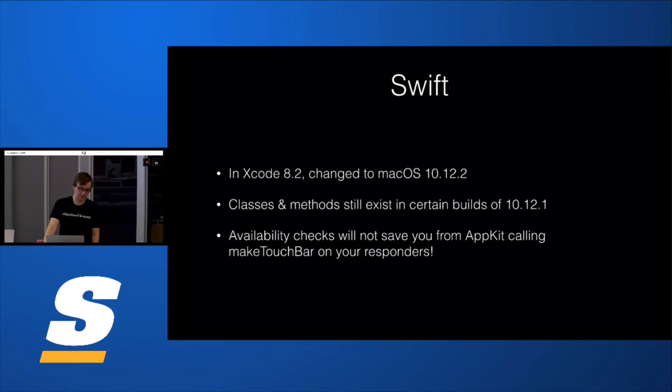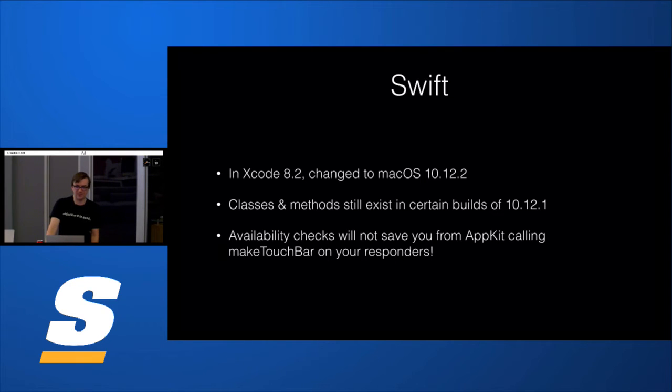However, it is not going to prevent old versions of AppKit, like the one that shipped with this thing, that is still technically macOS 10.12.1, from calling into your NSObject subclass and calling makeTouchBar on you. So if you have application state that depends on that, you are going to have bugs.